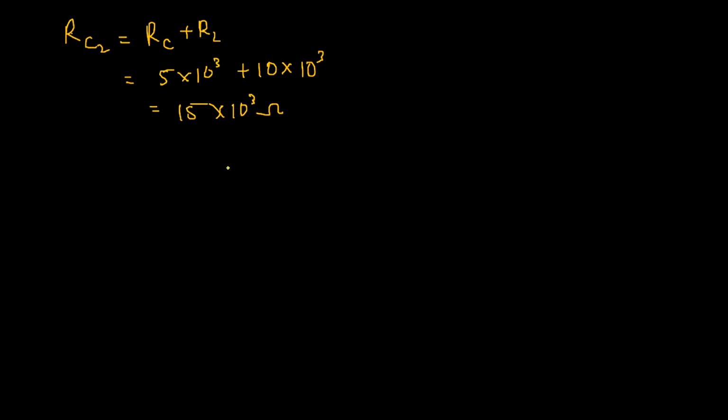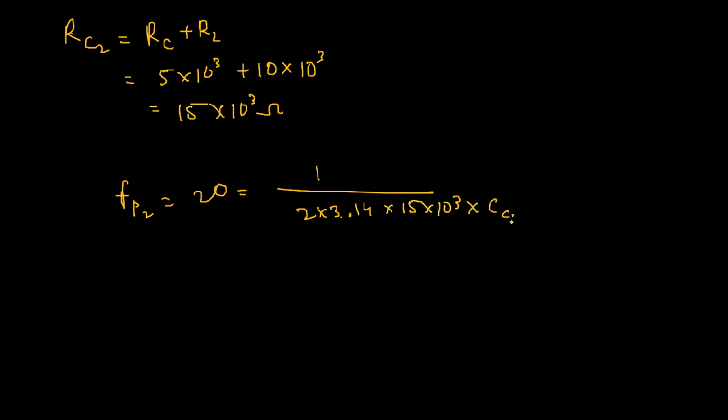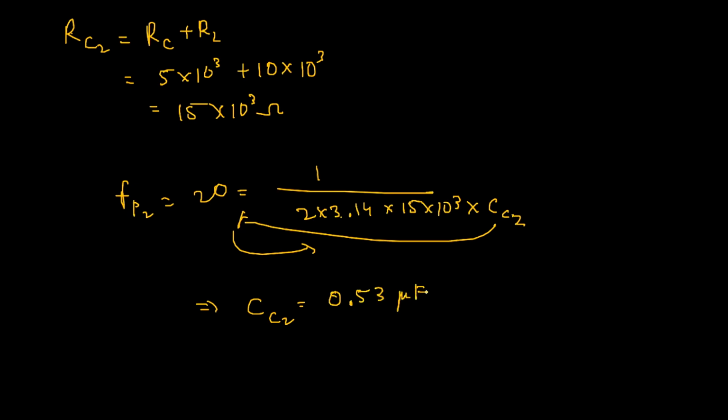And so while solving FP2 again, it's 20, and this is 1 divided by 2 into 3.14 into 15 into 10 to the power 3 into CC2. So upon taking CC2 here and 20 here, I will get CC2 is equal to 0.53 microfarad.